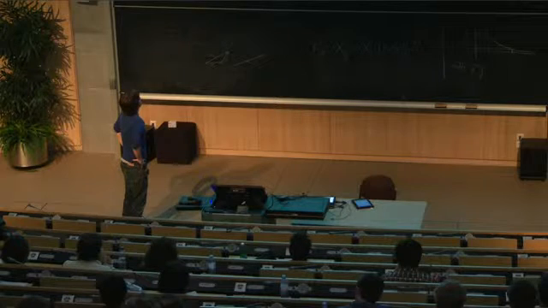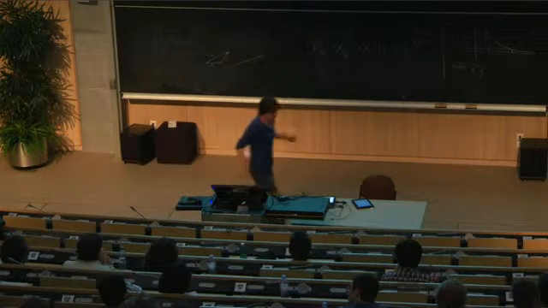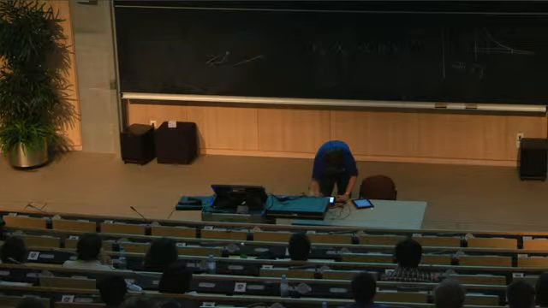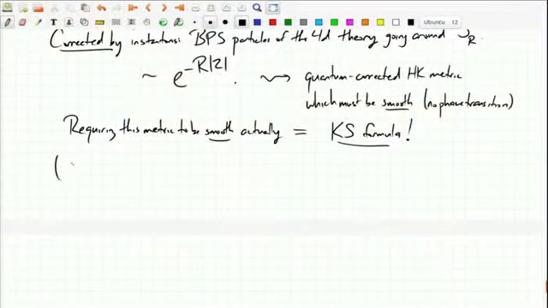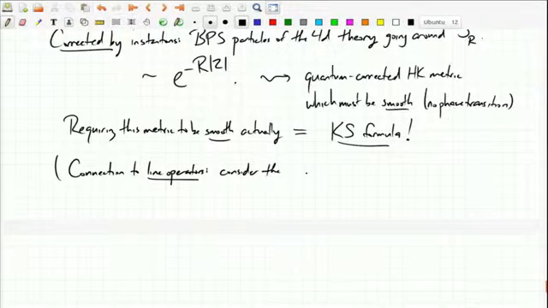So this is kind of a fun thing. I should at least try to say the connection between this and the previous story. If you wanted to relate this directly to the line operators, if you consider now, so if we have a line operator and we wrap it on the circle, we could consider now its vacuum expectation value.